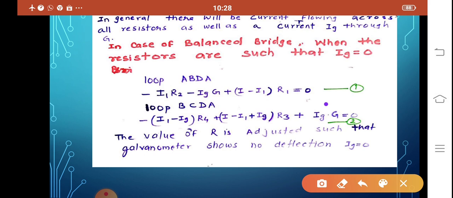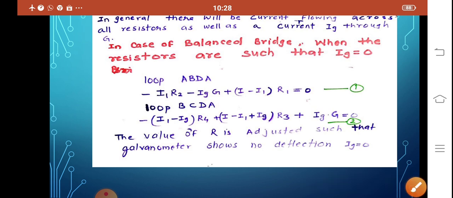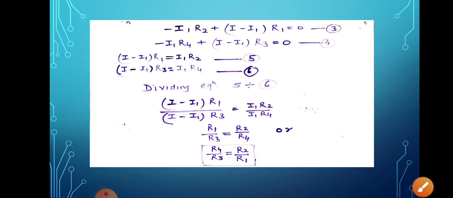And if you put the value of Ig as 0 in equations 1 and 2, these equations will become minus I1 R2 plus I minus I1 R1 equal to 0, and minus I1 R4 plus I minus I1 R3 equal to 0.